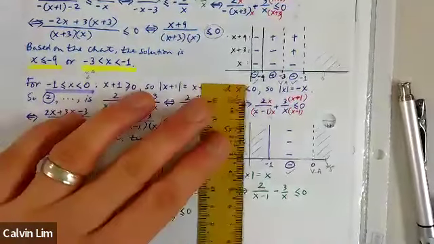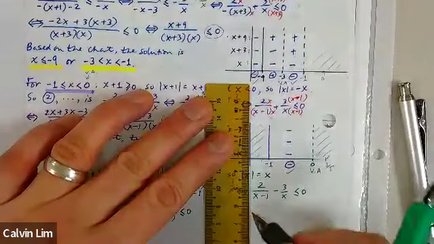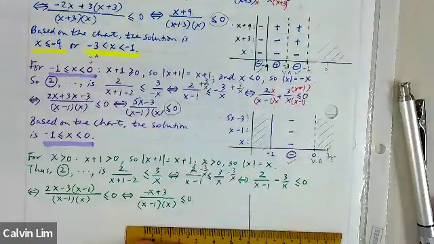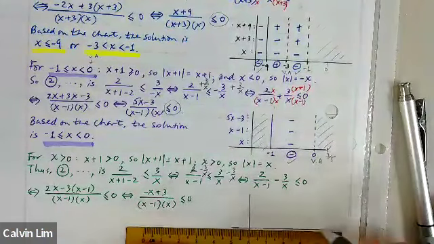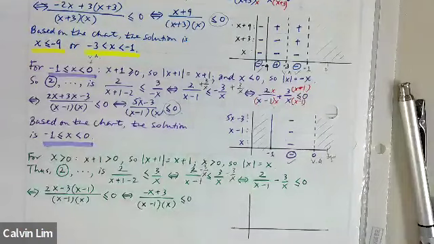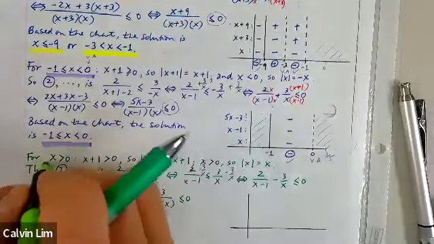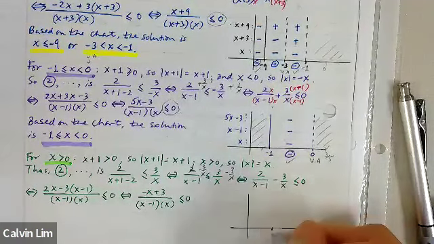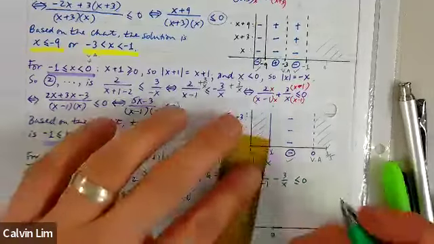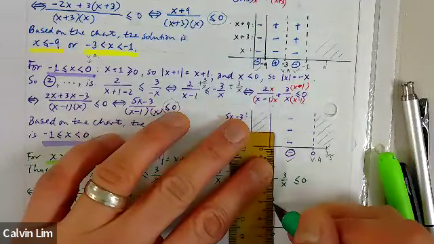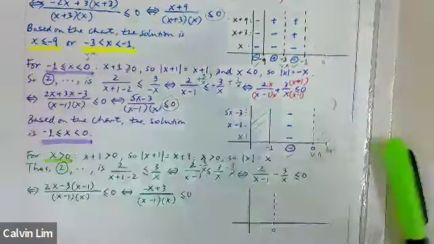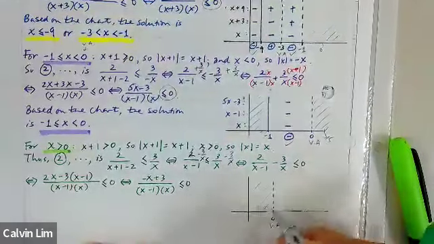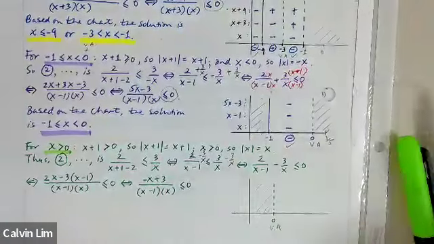Okay, so using the number line method, I'm solving for, in this region, x greater than 0. So 0. I'm not including 0 because x equals 0 is a VA, a vertical asymptote, and I'm only interested in x that's greater than 0 for this region.